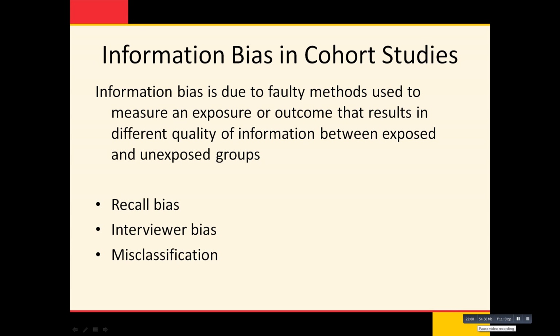Like loss to follow-up, there are two types of misclassification: non-differential and differential. Differential misclassification refers to errors on one axis, the exposure or the disease, that are related to the other axis, exposure or disease. Non-differential misclassification refers to errors on one axis, either the exposure or disease, that are unrelated to the other axis.